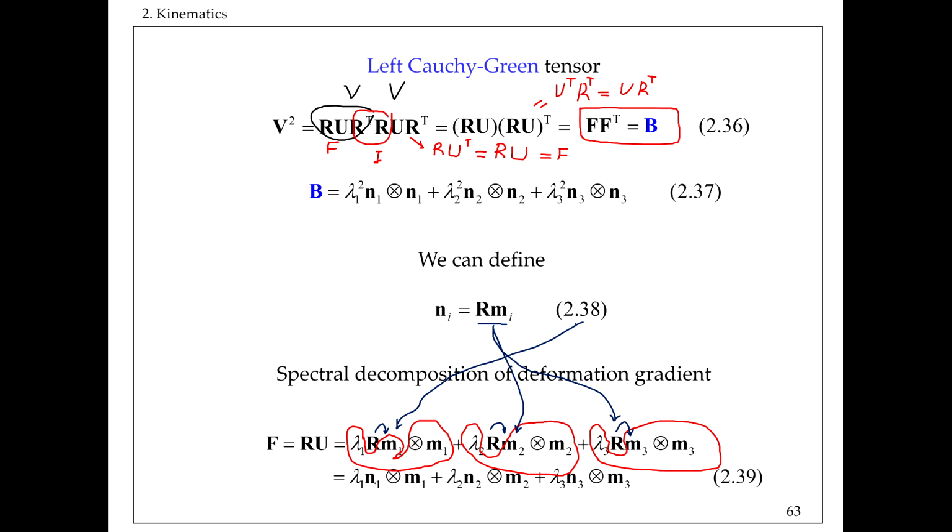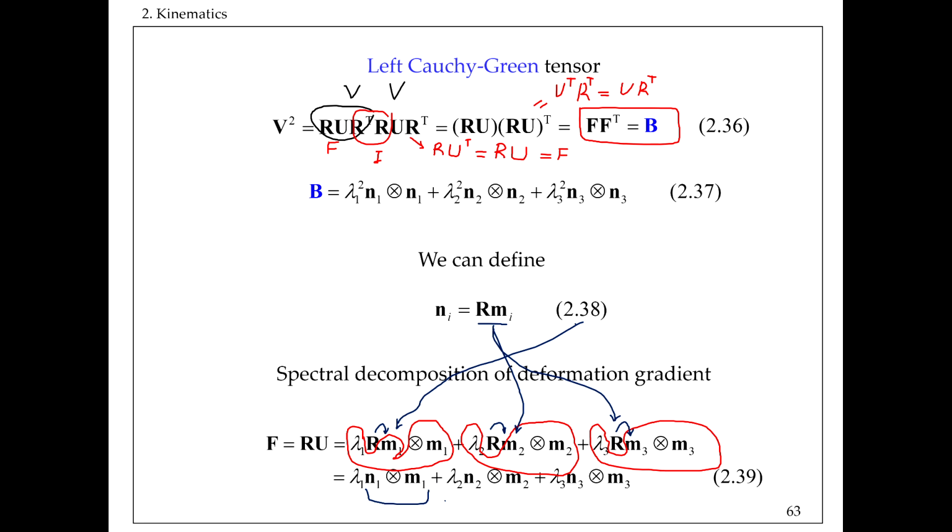So we'll have a mixture of these N1 and M1 tensors here. This second order tensor is based on two different types of basis vectors.